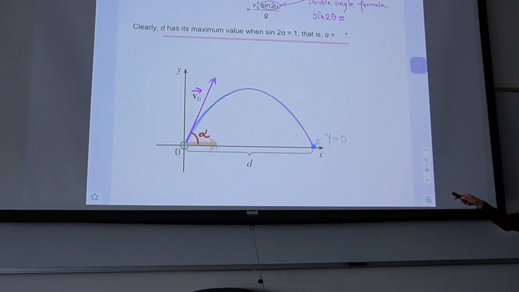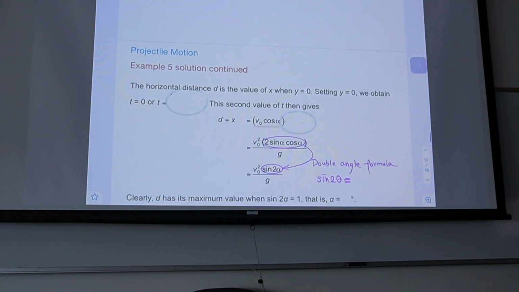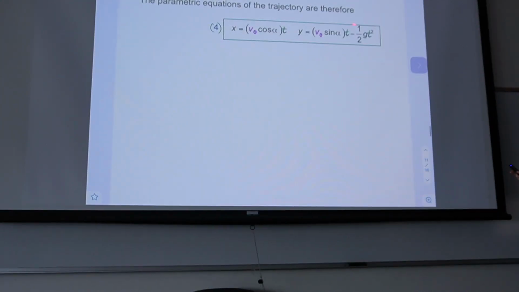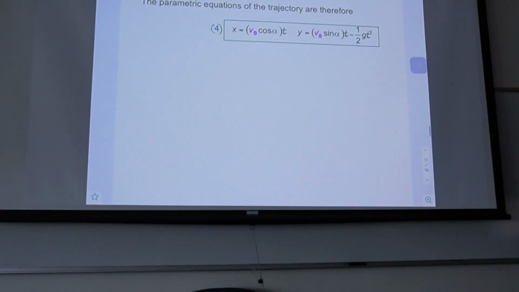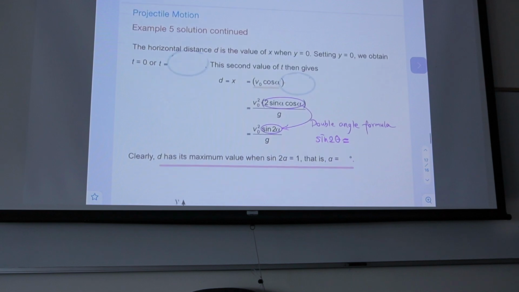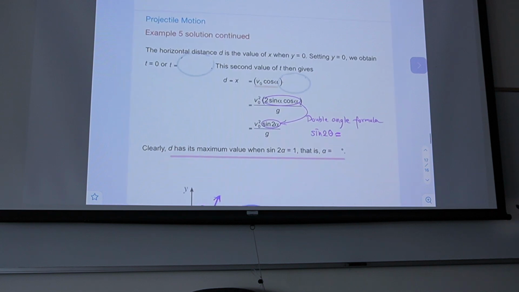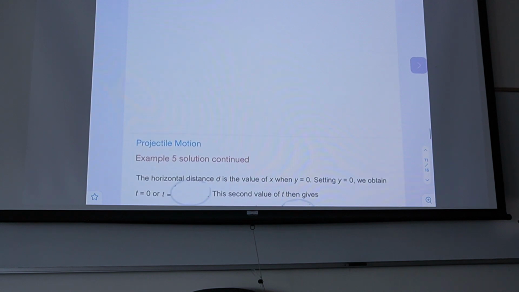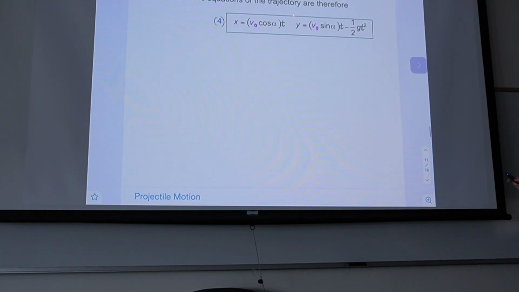We're going to set y equal to 0 in this second equation. So you get 0 over here, and then you try to solve for t. Set y equal to 0, solve for t.